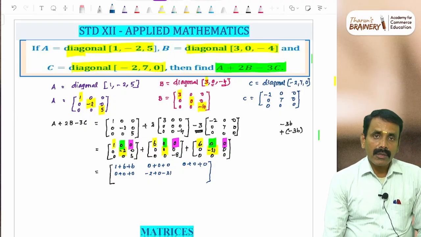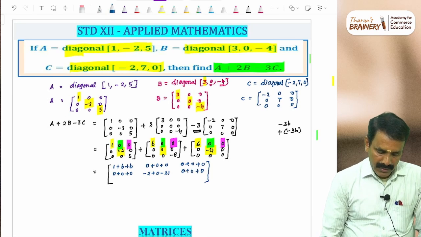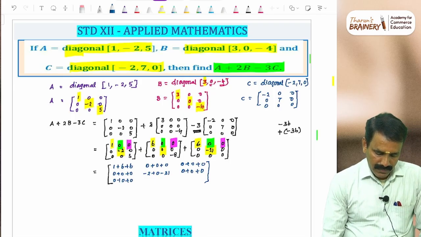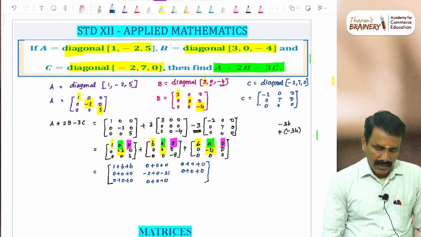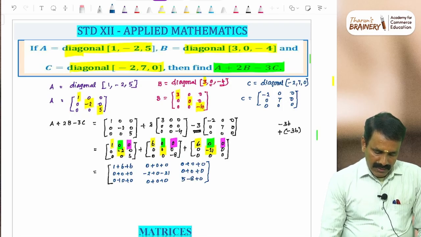And the second row, third element, all the matrices are 0 again. So it is 0 plus 0 plus 0. In the same way in the third row, 0 plus 0 plus 0, then 0 plus 0 plus 0, and then 5 minus 8 plus 0.